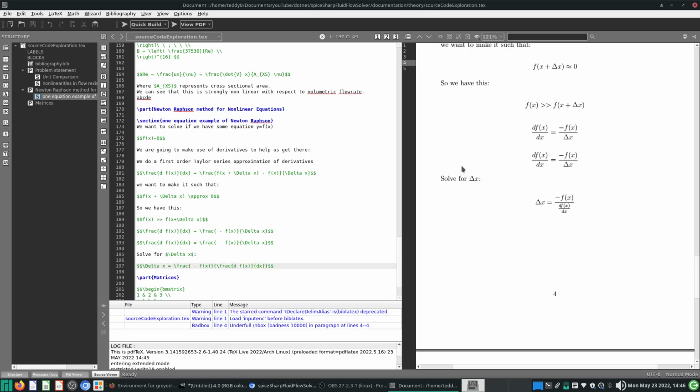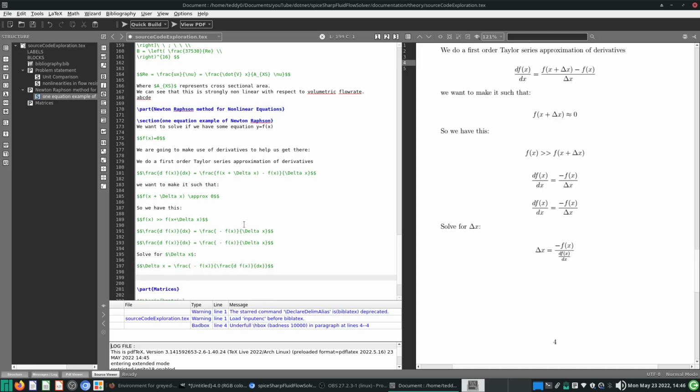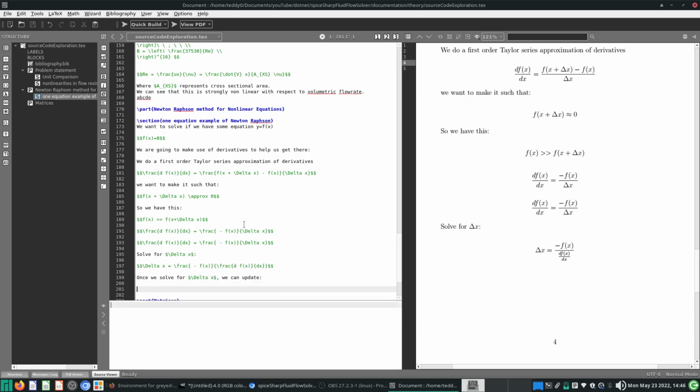And once we find delta x, what can we do? Once we solve for delta x, we can update. We can actually find the true value of x at i plus 1, equals x plus delta x.